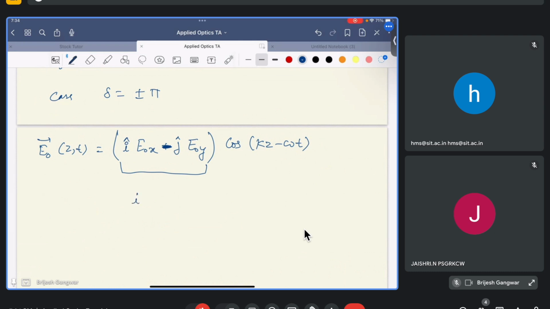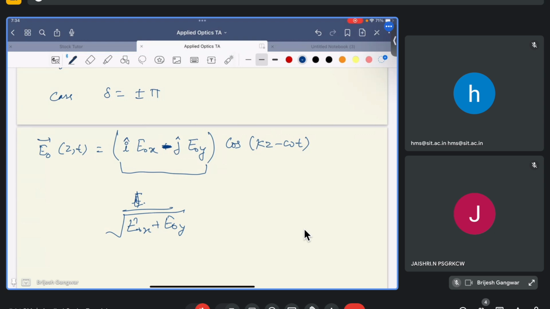If we consider the unit vector of this vibration, the amplitude direction, then it is something like 1 upon E0x plus E0y.